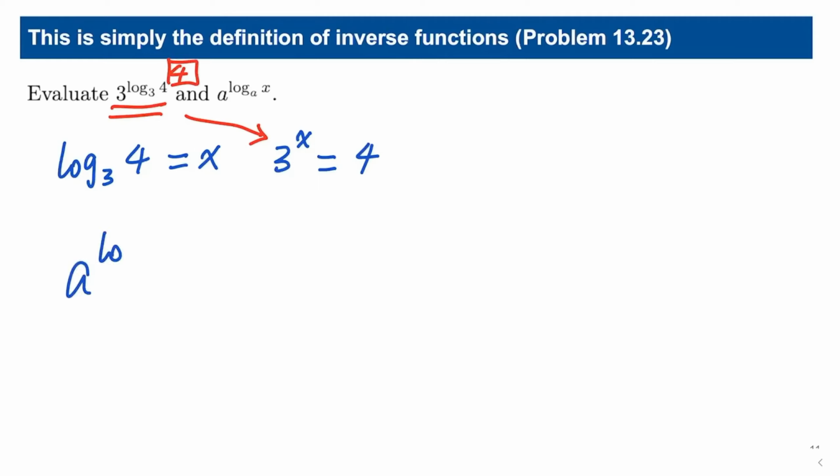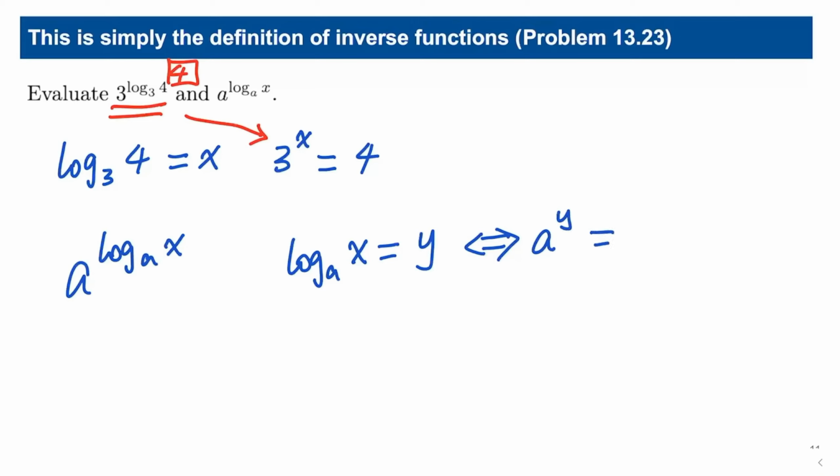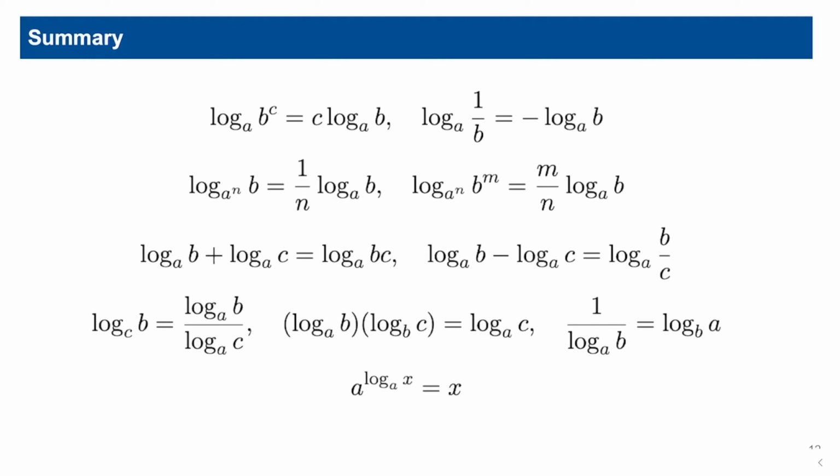In general, a to the power log base a of x: denote log base a of x as y. Then we have a to the power y equals x. This is a to the y. Therefore, it equals x. Let's summarize our findings.